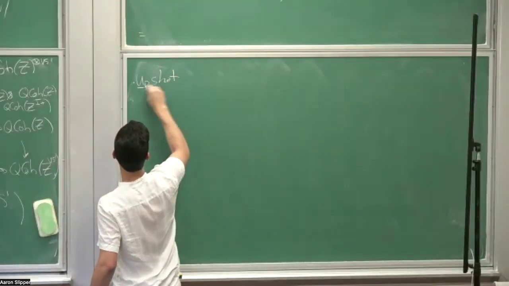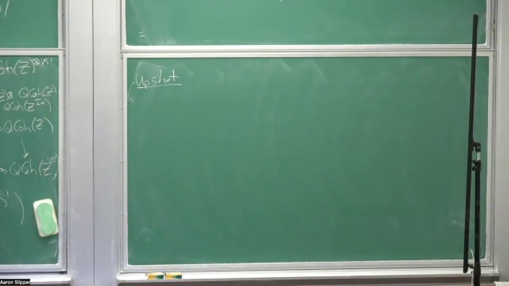Okay, so let me continue with our story. Now the upshot of this theorem is to give an action of QCoh of X on anything, you can give an action of that space.